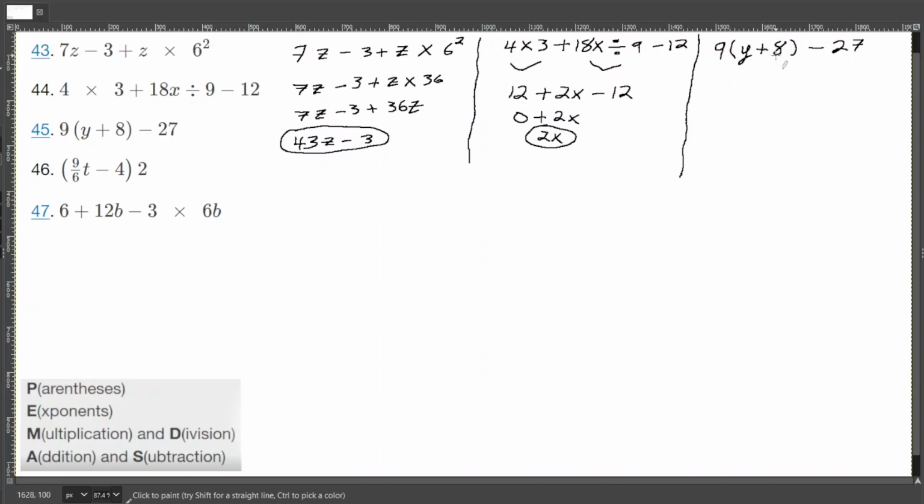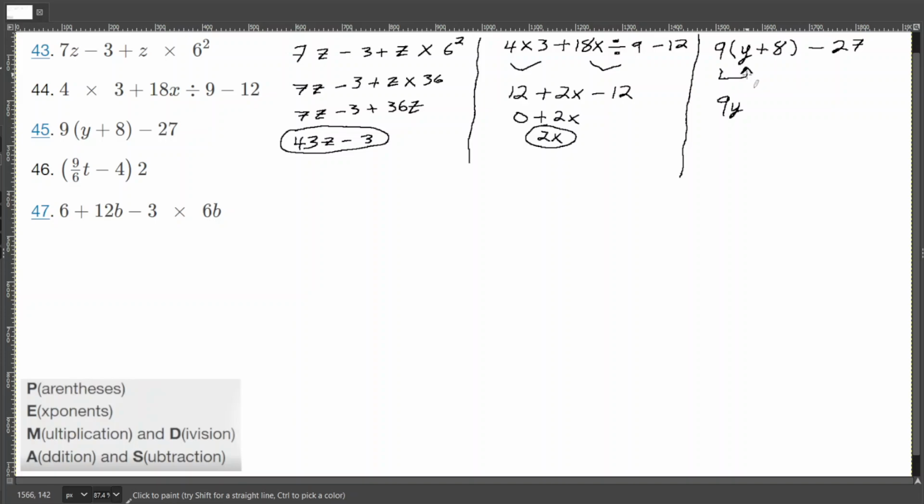But this 9 is touching, so that means it's multiplying. And what we have to do for these is multiply both terms, okay? So it'll be 9 times y, so 9y. It's called the distributive property.